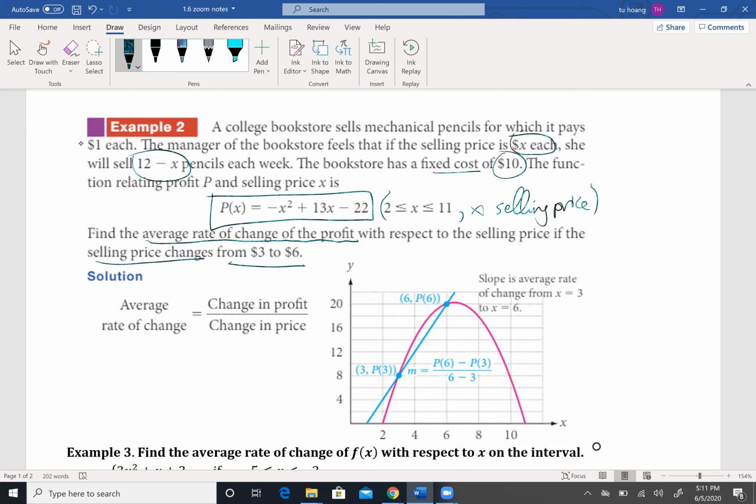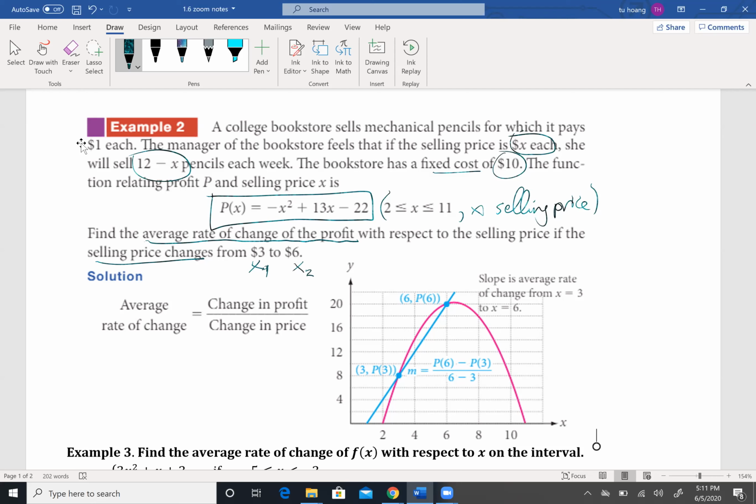What does that mean? I give you the initial value x1 is $3 and the final value x2 is $6.